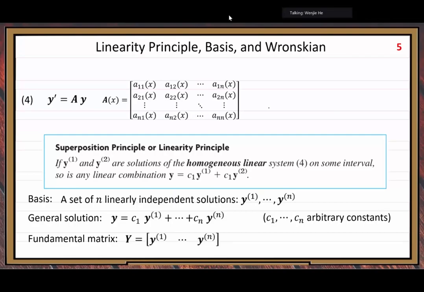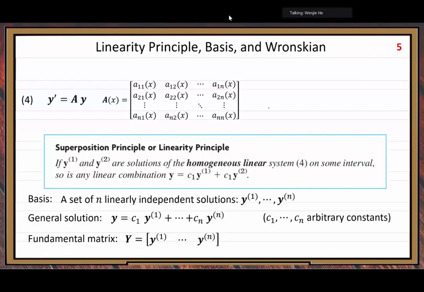Capital Y, that's our fundamental matrix, we define. It's a square matrix, n by n. How to get a capital Y? We put these n vector valued solution functions, we pack them in one matrix. We use these solutions as column vectors.